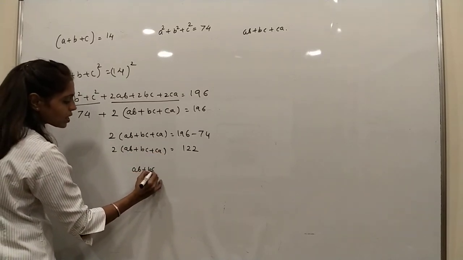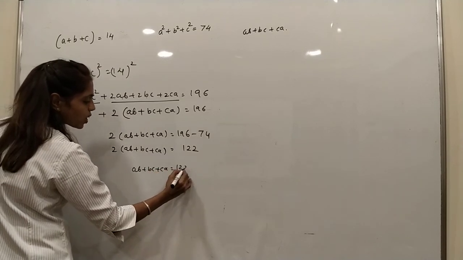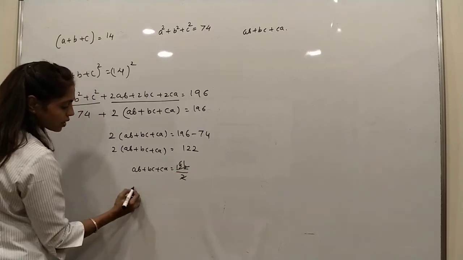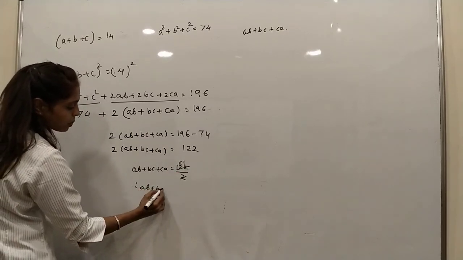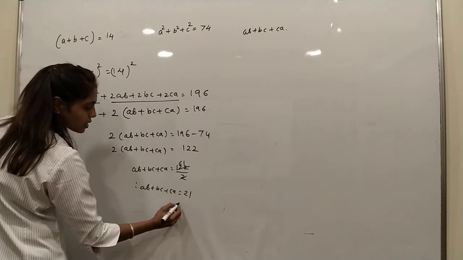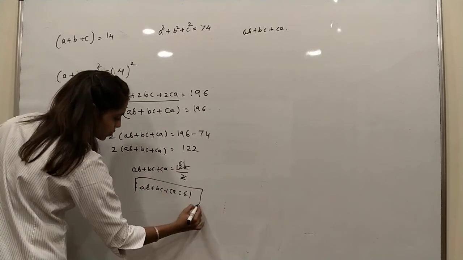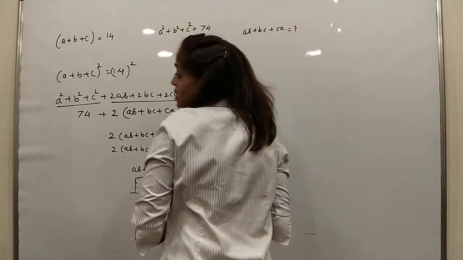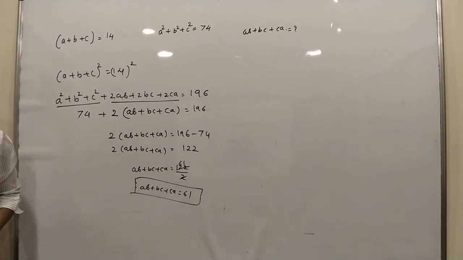Hence ab plus bc plus ca is 122 upon 2, which is 61. Hence ab plus bc plus ca is 61, that is your answer. We had to find ab plus bc plus ca. Okay.